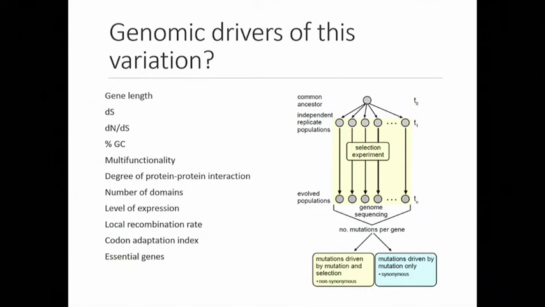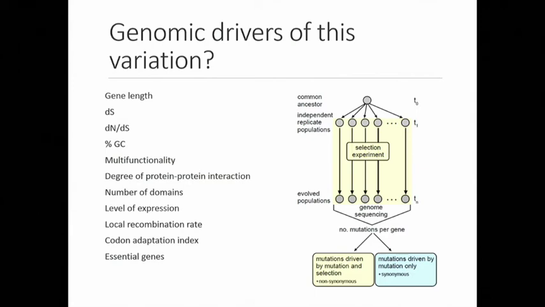Then a measure of protein-protein interactions. This is data that's available for yeast and I guess other species as well. We were able to get some estimates of how many interactions the protein that gene codes for has, and how involved it is in different networks.